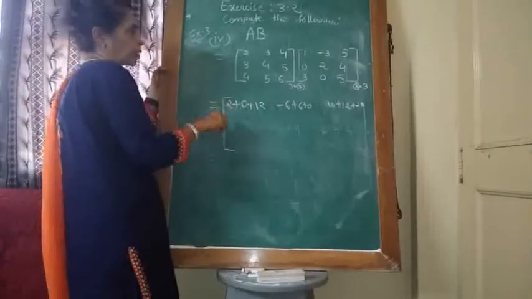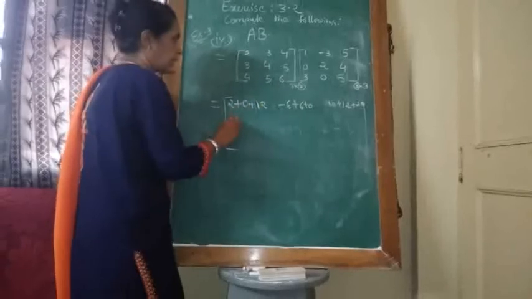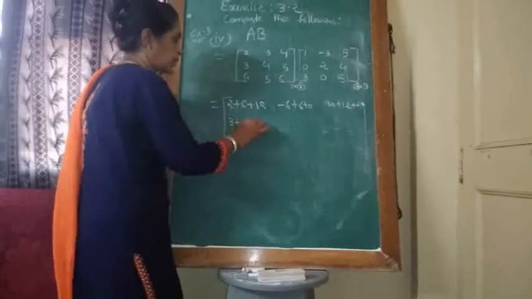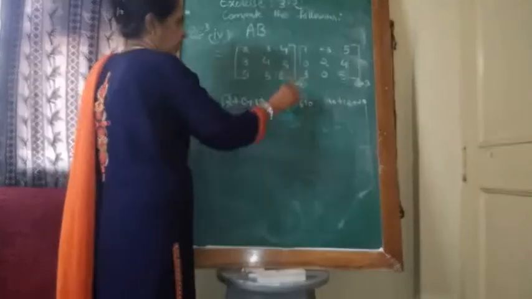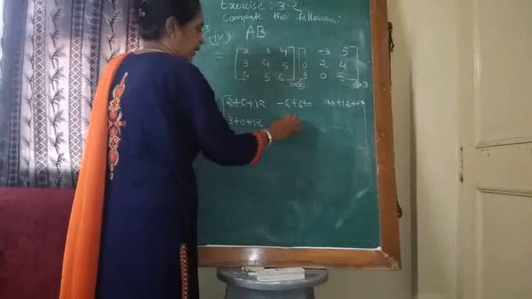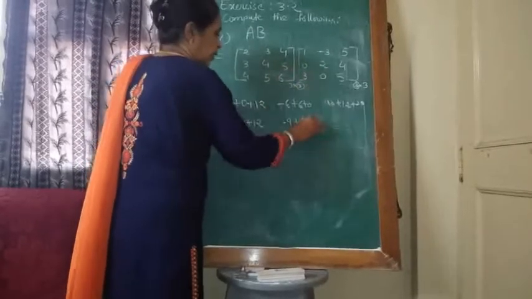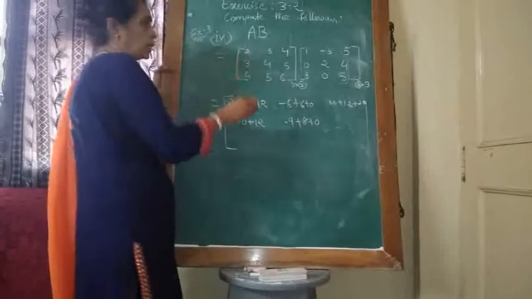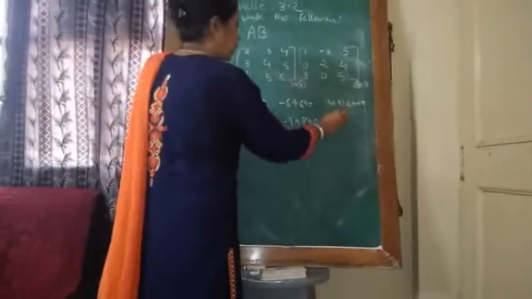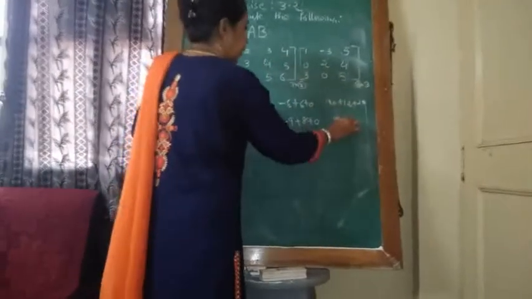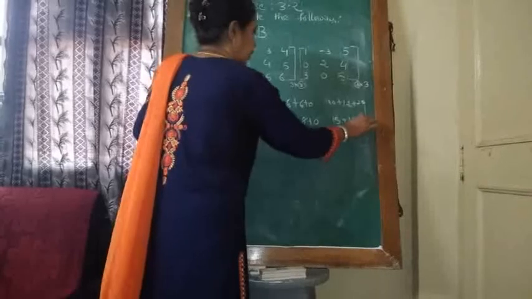Second row, first column: 3 1 are 3, 4 0 are 0, 4 3 are 12. Second row, second column: 4 2 are 8, 5 0 are 0. Again second row, third column: 3 5 are 15, plus 16 and plus 25.